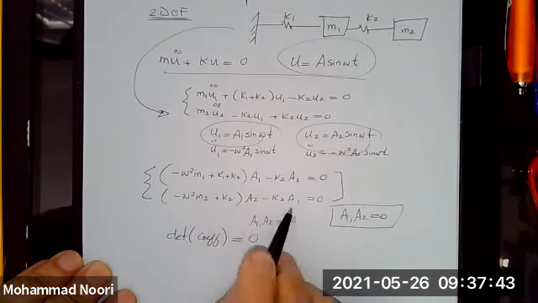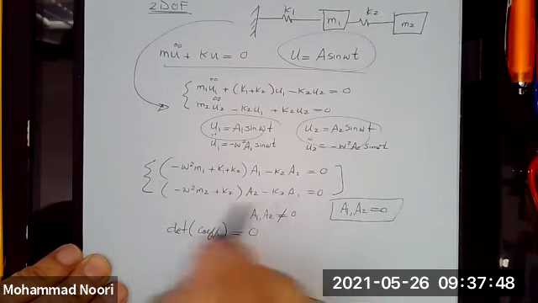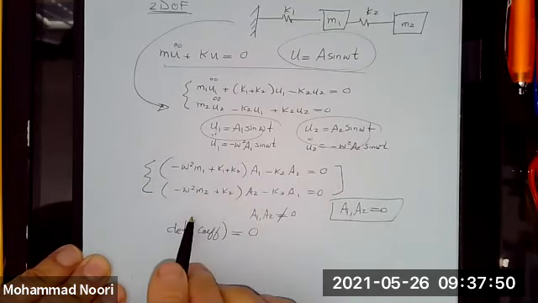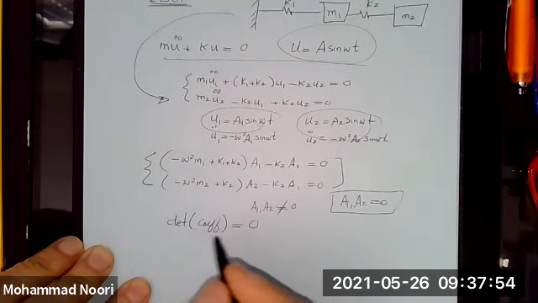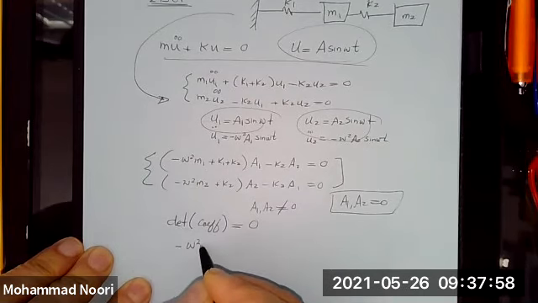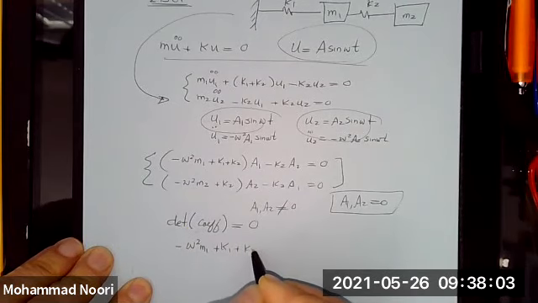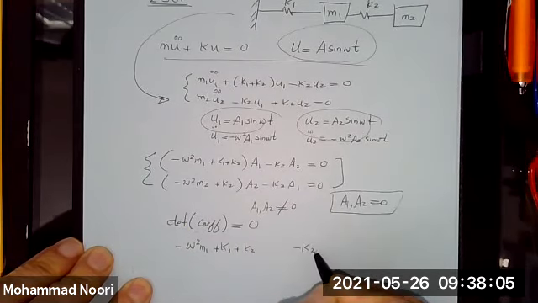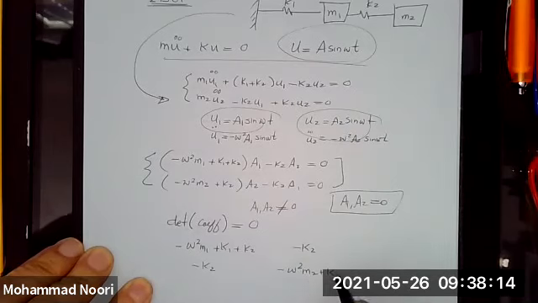So you just take the coefficients of the unknowns, A1 and A2, and set up that determinant. That determinant would be negative omega squared M1 plus K1 plus K2, minus K2, minus K2, negative omega squared M2 plus K2.